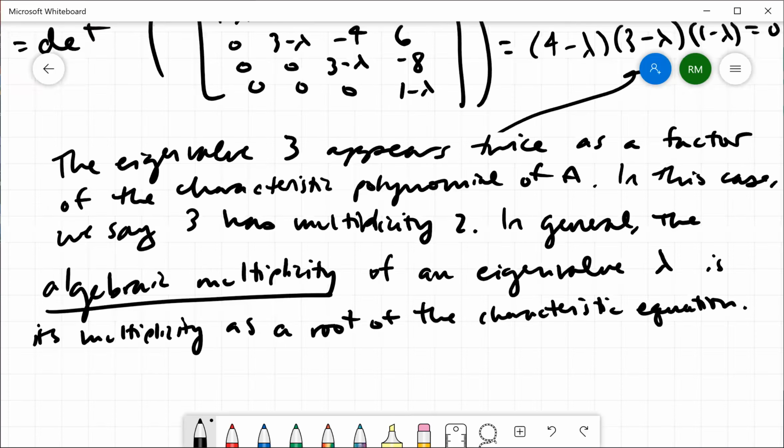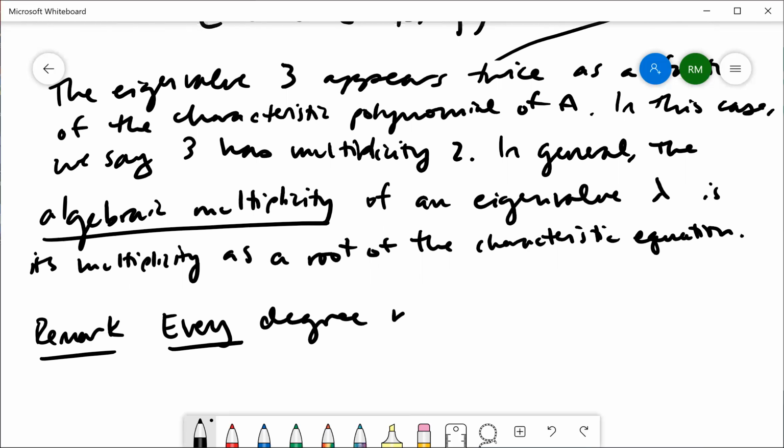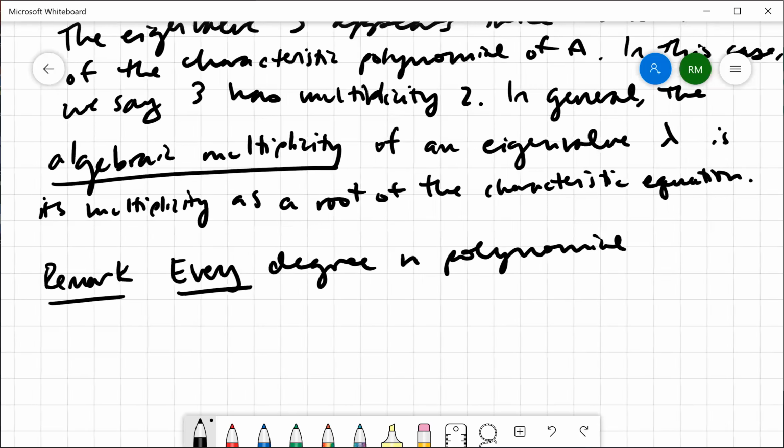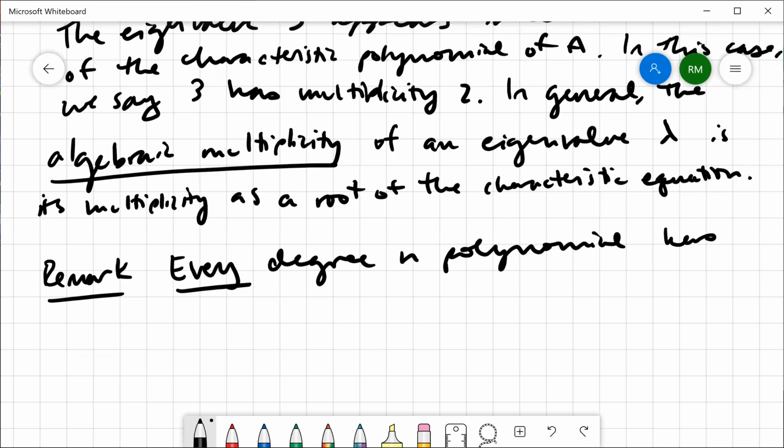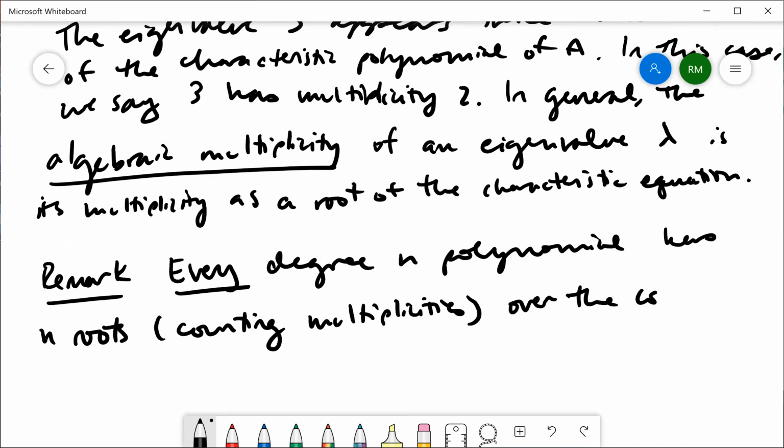So one thing you should know is every degree n polynomial has n roots, counting multiplicities, over the complex numbers.